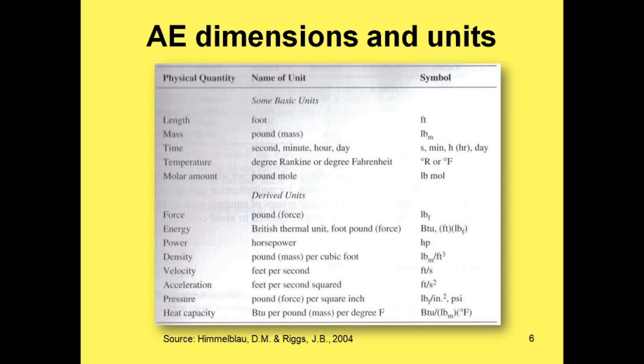Acceleration, foot per second square. Pressure unit, pound force per square inch. 1 pound force per inch square is equal to 1 psi. Heat capacity, BTU per pound mass per degree Fahrenheit.